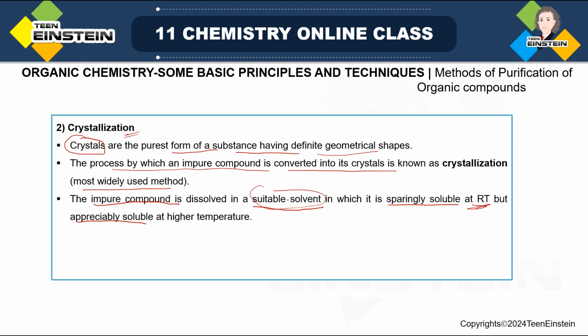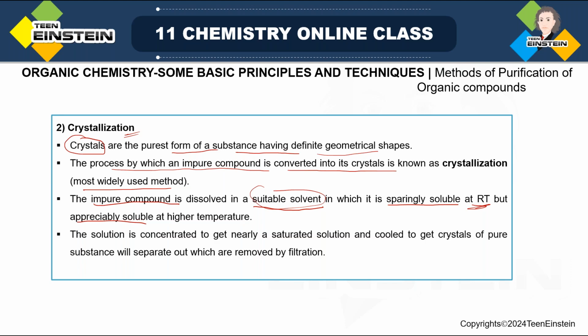Okay. Then the solution is concentrated to get a nearly saturated solution. Now, I will not say that this is always necessary. It depends on the nature of the compound and also the concentration of the solution. If it is very dilute, sometimes it is necessary to make it more saturated, because the closer it is to saturation, the more easily you can get the crystals when it cools.